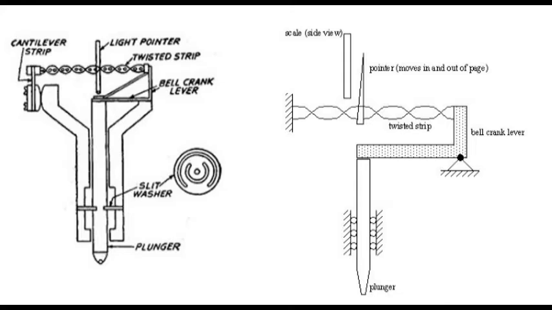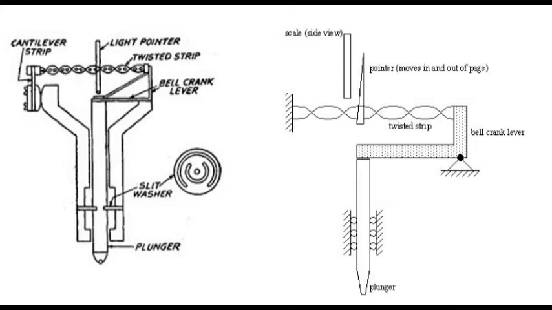It is therefore also called a twisted strip comparator. It uses the simplest method for obtaining the mechanical magnification, which was designed by H. Abramson, and is also known as the Abramson movement.